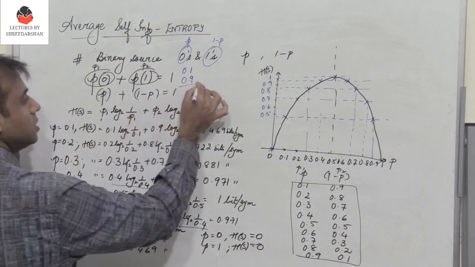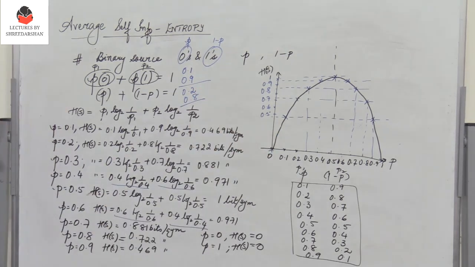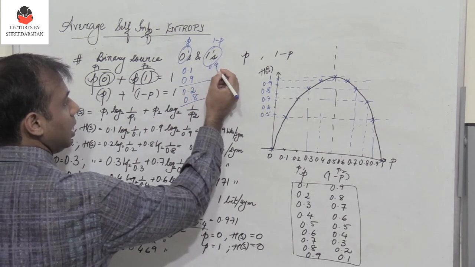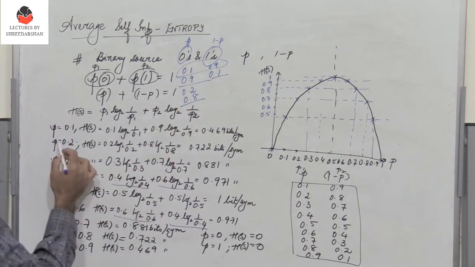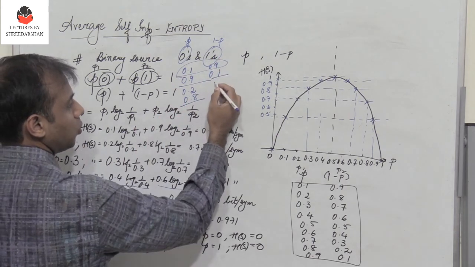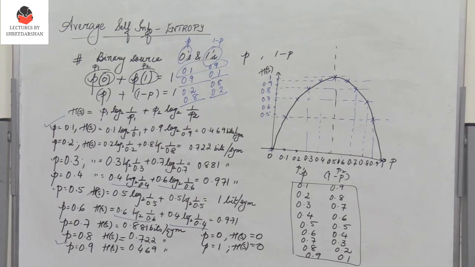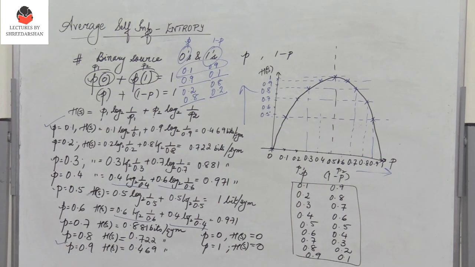If the probability of 0 is 0.2 or 0.8, I get the same entropy. Similarly, if the probability of occurrence of 1 is 0.9 or 0.1, or 0.8 or 0.2, I get the same entropy. So this is the plot of the entropy along the y-axis and the probability along the x-axis, and we get a curve like this.